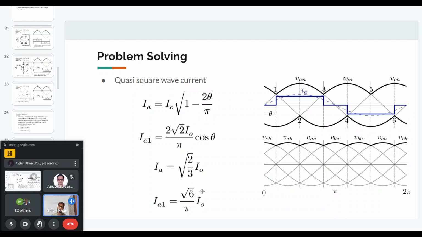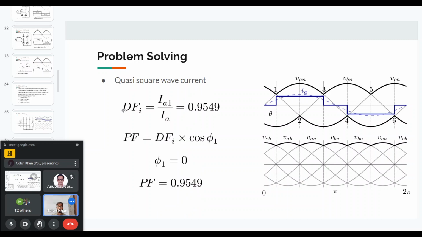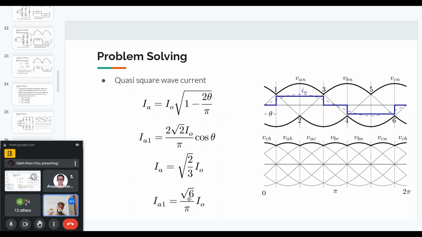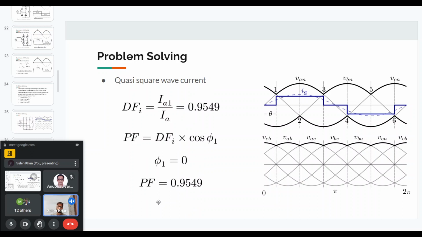The question had asked us to find the displacement factor and the power factor. The displacement factor is given by this formula: the RMS of the fundamental divided by the total RMS of the waveform. If you substitute these two equations in the formula, you will get 0.95. And the power factor is the displacement factor times cos phi.